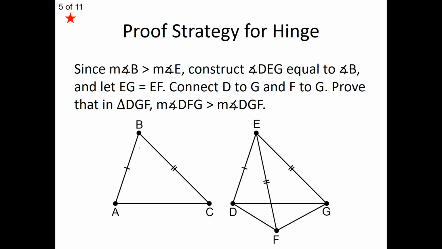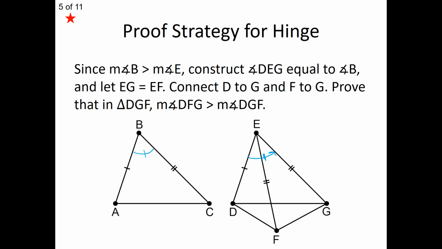In other words, I'm going to measure out my angle B. And what I'm going to do is, using side DE, I'm going to create an angle that's equal to angle B. In other words, I'm going to use DE as one side and then create an angle here that is also equal to angle B. So I've got angle ABC, or angle B, is equal to angle DEG. I've created this ray EG such that the angle formed there is equal to angle B. I'm allowed to do that, measure, make measure.